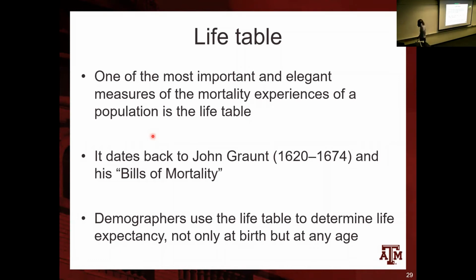But what's interesting about the life table is that it also tells us, in a specific country, in a specific year, if I'm exposed to these age-specific death rates, let's say that we estimate the life table and I get that people would live on average 75 years.